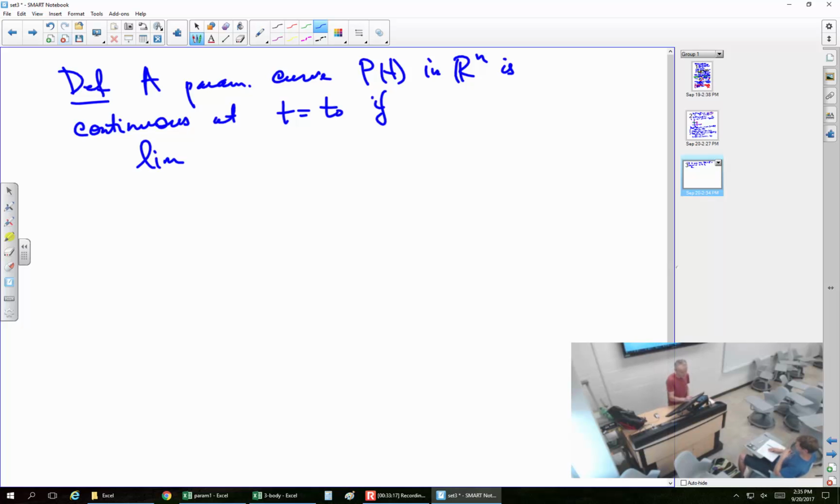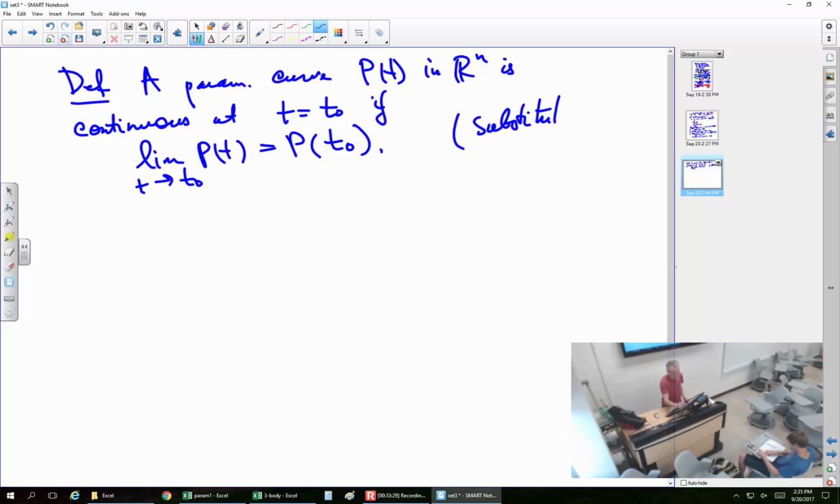So the limit of P of t as t goes to t naught is equal to P of t naught. In other words, substitution. Same rule as in calculus 1. The continuity of a function means that you can evaluate its limit by substitution.